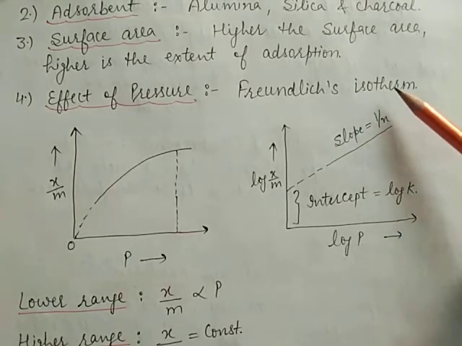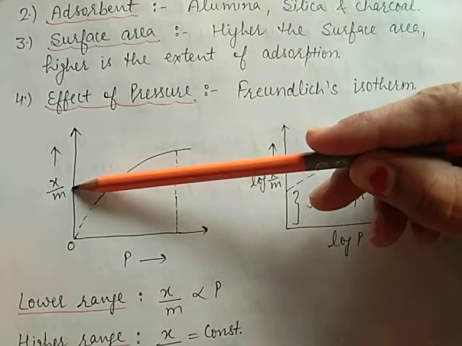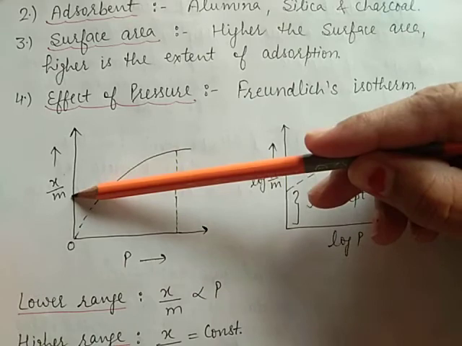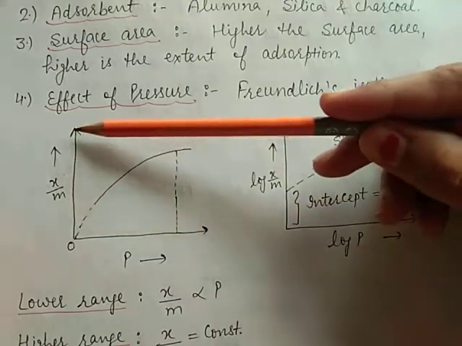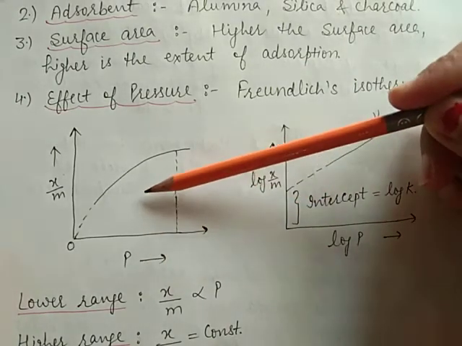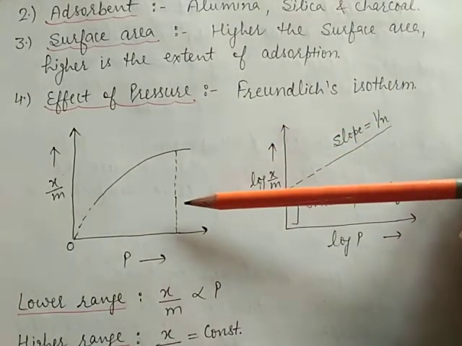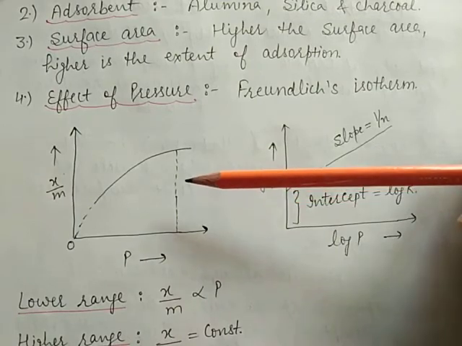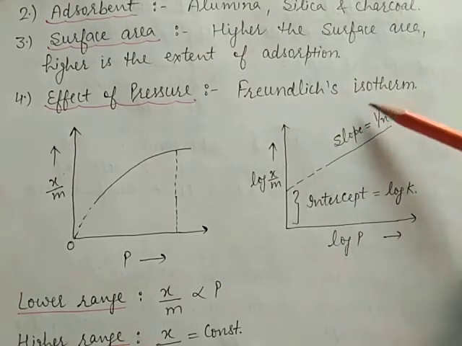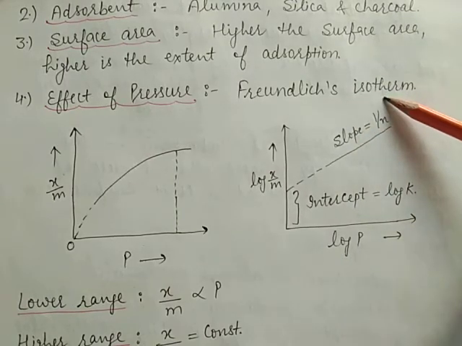It means when the extent of adsorption, that is x by m, where x is the amount of adsorbate and m is the mass of adsorbent, is plotted against the pressure at constant temperature, then the curve obtained is called the adsorption isotherm. This was given by Freundlich, so its name is Freundlich adsorption isotherm.